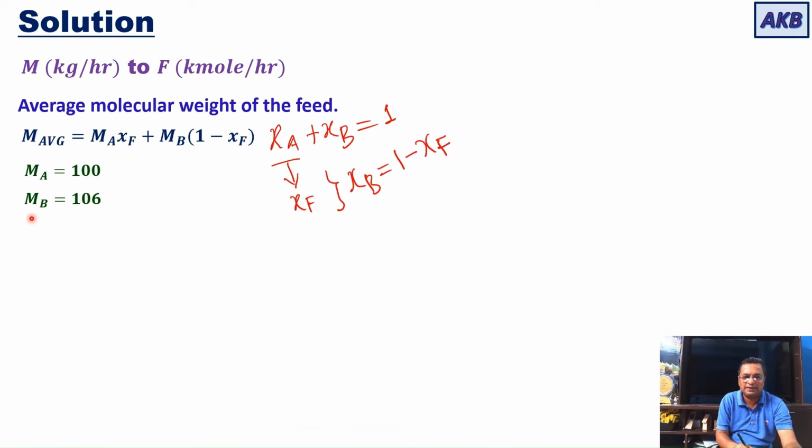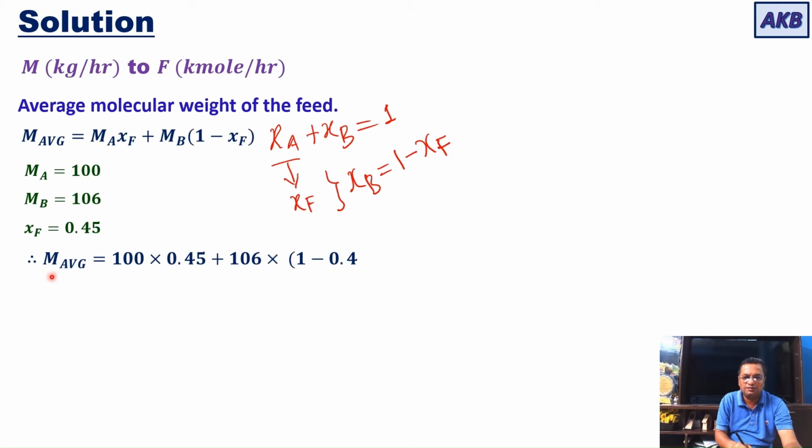You can check that. Then the molecular weight of B, ethyl benzene, is 106. Xf is 0.45. So all that we need to get M average, the average molecular weight, we have with us. So let us use those values.